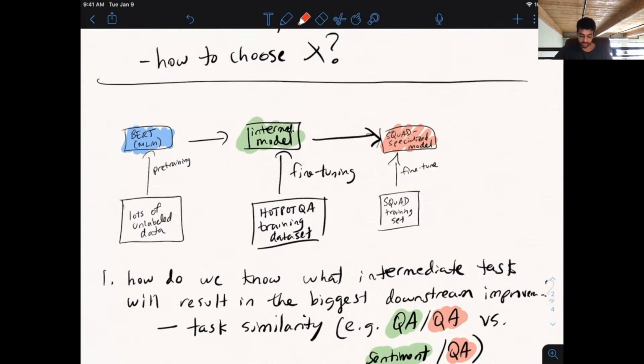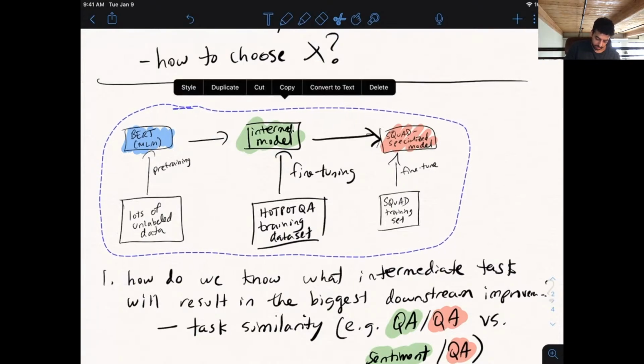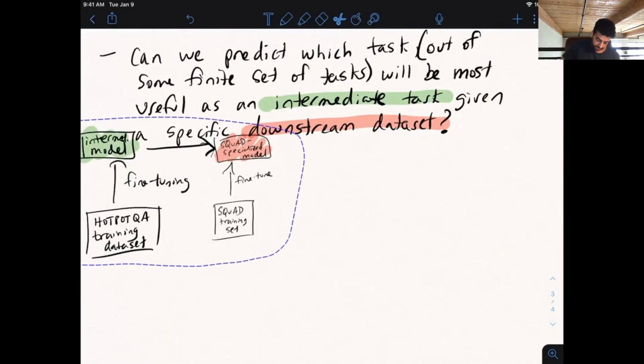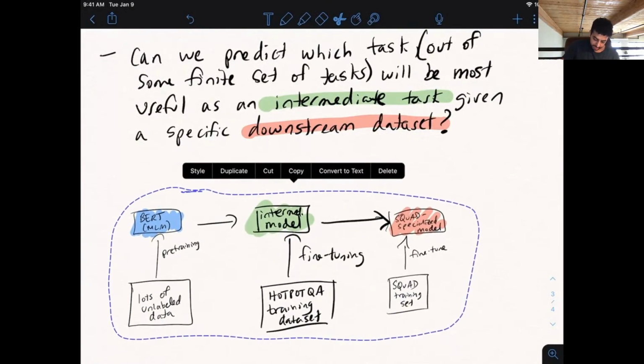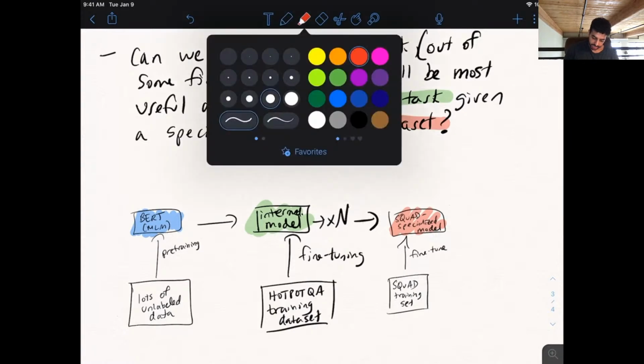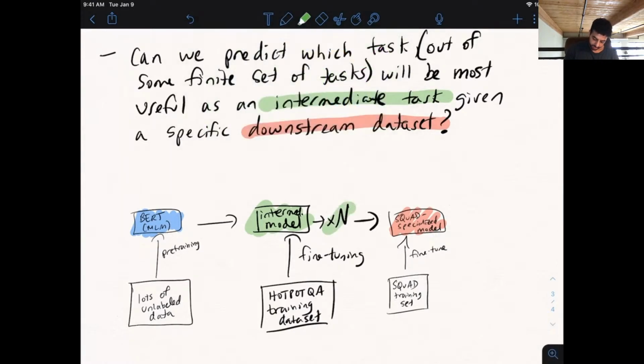You can imagine, though, maybe I can, this is a bit of a diversion because I'm not actually sure what happens in this setting, but if I do this and instead of immediately going to the downstream task, I just repeat this for n intermediate tasks before getting to the downstream model.